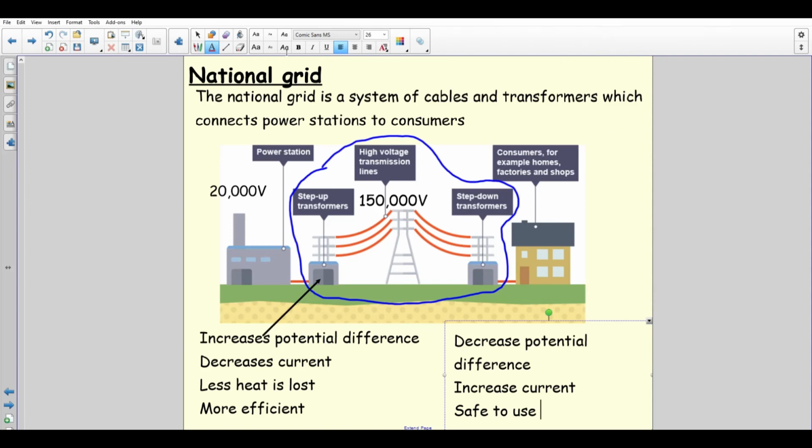And we decrease the potential difference to the standard British potential difference that we use in our homes, which is 230 volts. Okay, and just because I've not said it anywhere else, it should be 50 hertz. That's the frequency. That's how often the current is changing direction, because it's alternating current, which means it's changing directions 50 times a second. Okay, so 230 volts and 50 hertz.